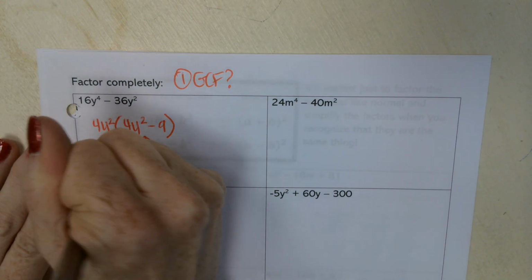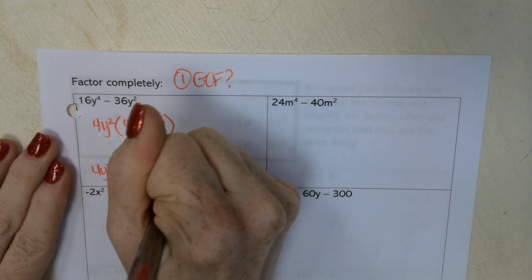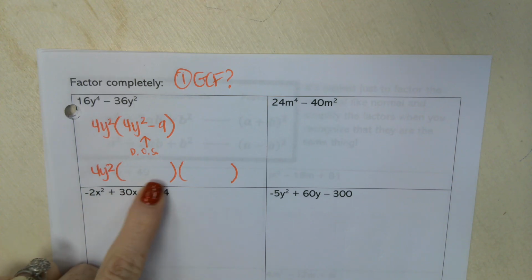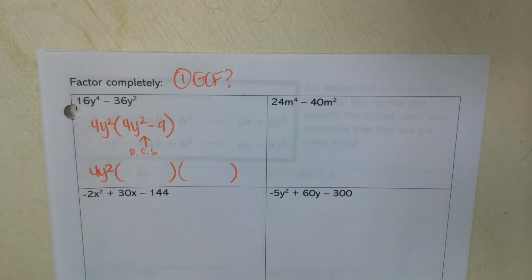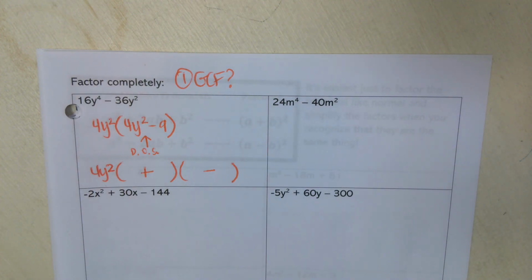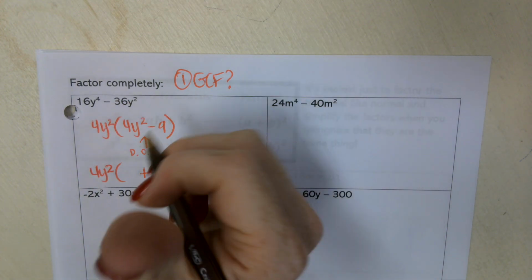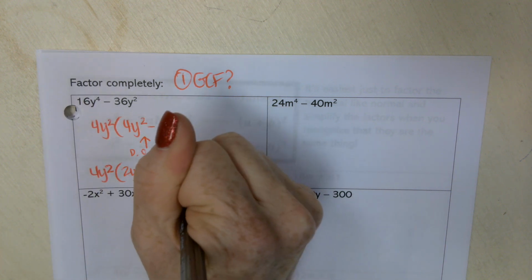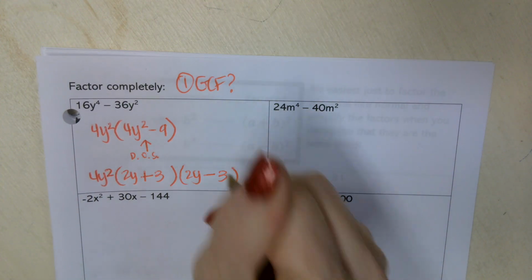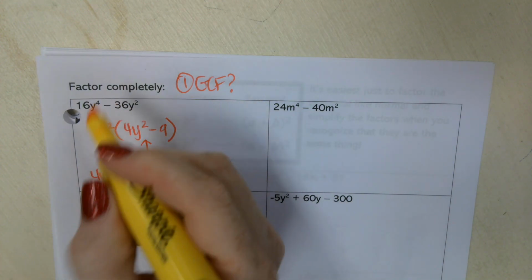So the 4y squared stays out front, and since it is a difference of squares, they're going to factor where we have a plus in one and a minus in the other. The square root of 4y squared is 2y, so that goes in the first position. The square root of 9 is 3. That goes in the back position. Now that is factored completely.